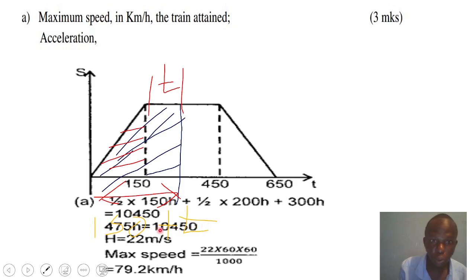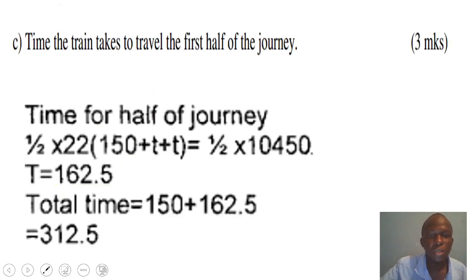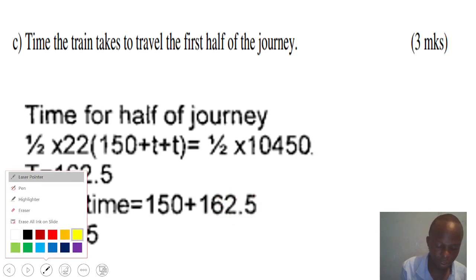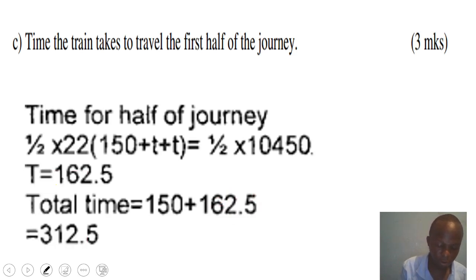The total time is 150 plus t, not t. The total time is 150 plus t. From 0 seconds to 150 plus t. So what is the total time? The total time is 150 plus this t, 162.5, and that becomes 312.5 seconds.